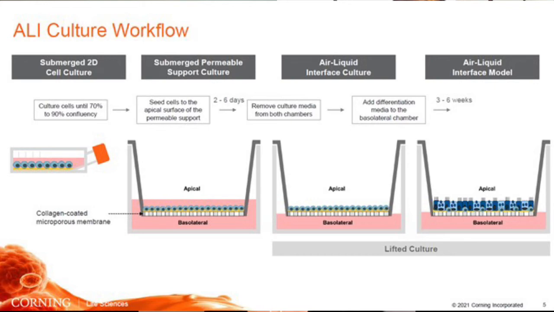So then once a confluent monolayer has formed, the growth media is removed, and differentiation media is now added only to the basolateral chamber. So at this point, we are exposing the apical surface of the cells to air.